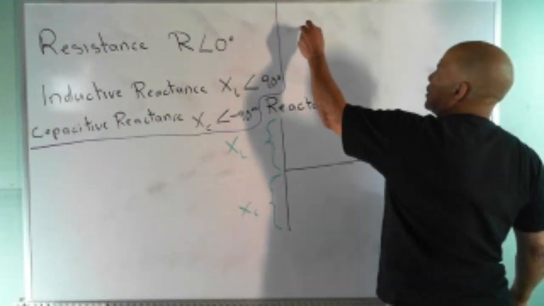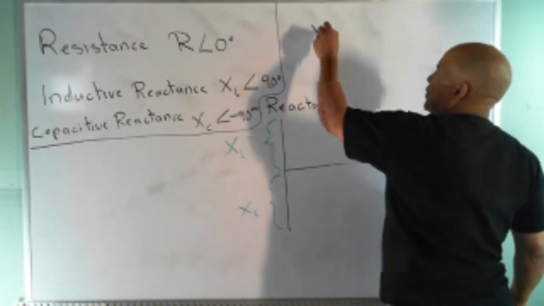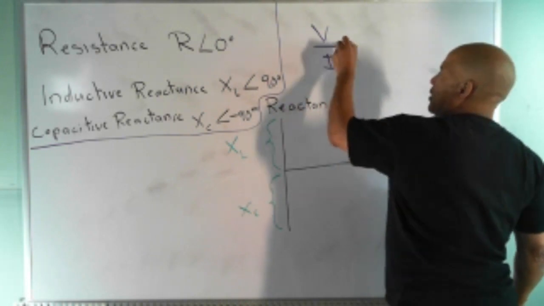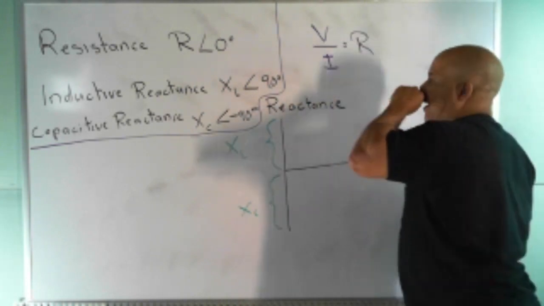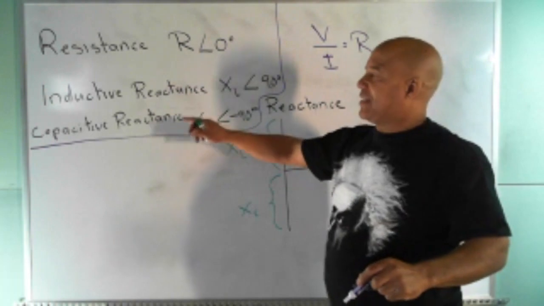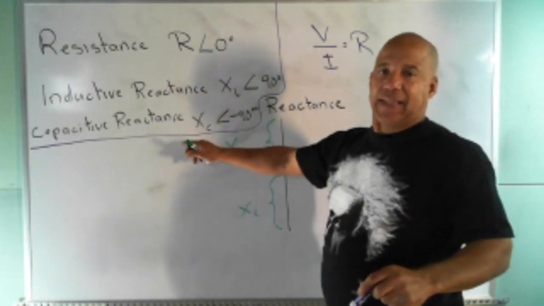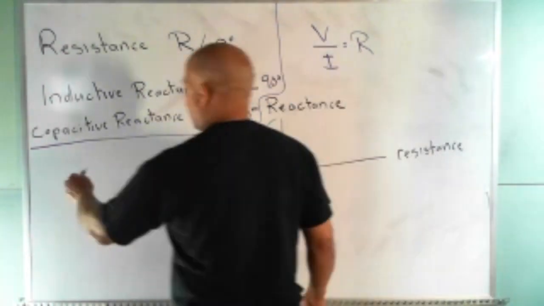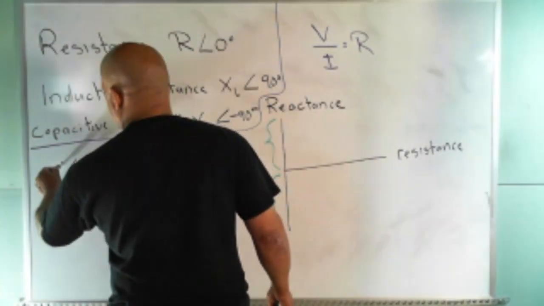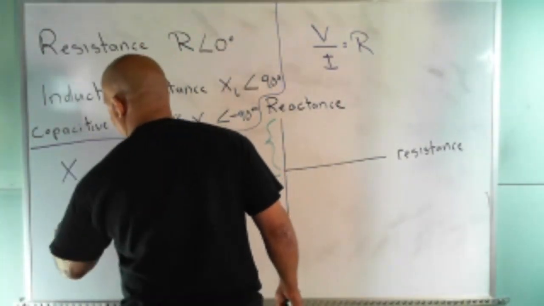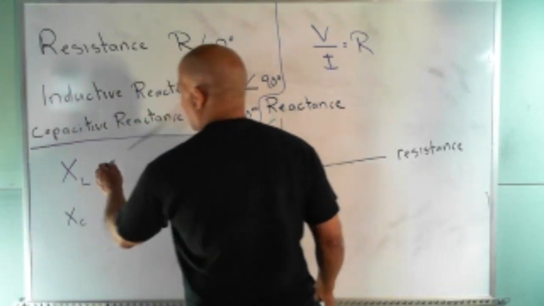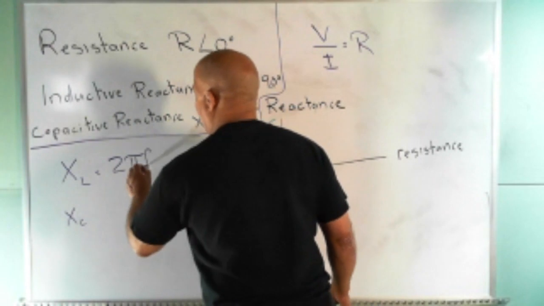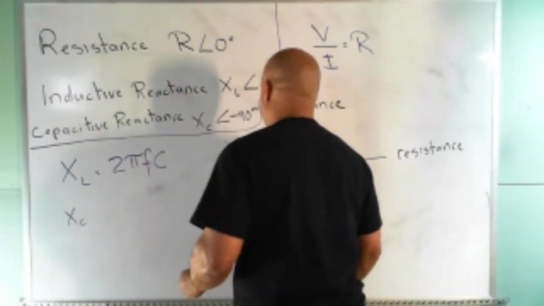Usually you'll know voltage and you'll know current, and that'll give you resistance. And you can get reactance, capacitive reactance and inductive reactance, the same way, but they actually have formulas. So let me give you those formulas. I'll give you one for XL and one for XC. So this is 2 pi FC. I'm sorry, F.